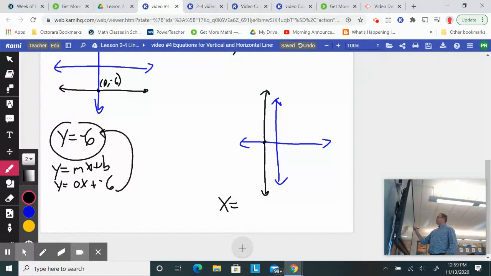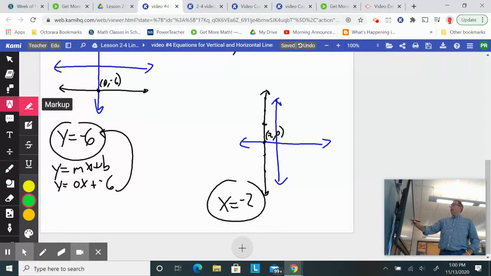If that crosses at -1, the equation will be x equals -1. If it crosses at -2, it'll be x equals -2. If it crosses at -1/2, it'll be x equals -1/2, because all the x coordinates will always be the same in that line. So let's say that point is -2, 0. The equation of that line would be x equals -2.